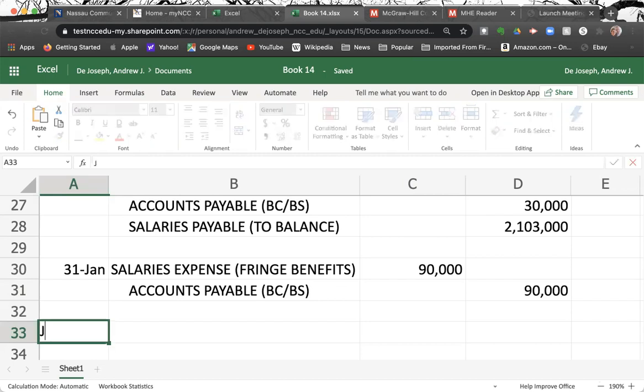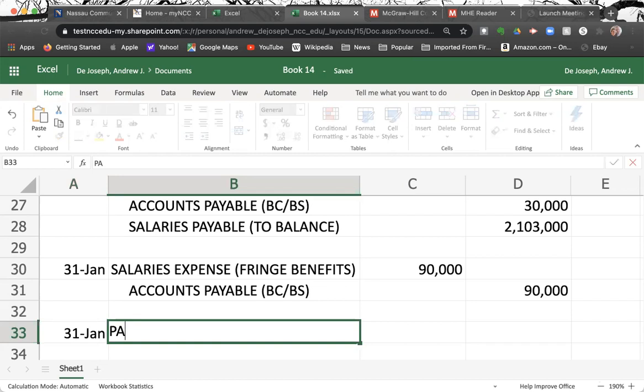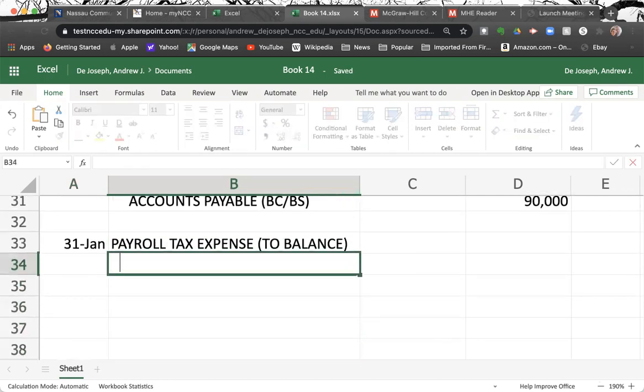And then the third entry is for the payroll tax. Right, and here I'm going to say to balance, because you don't know this number when you start. This number is made up of 2 numbers, at least 2, sometimes 3.